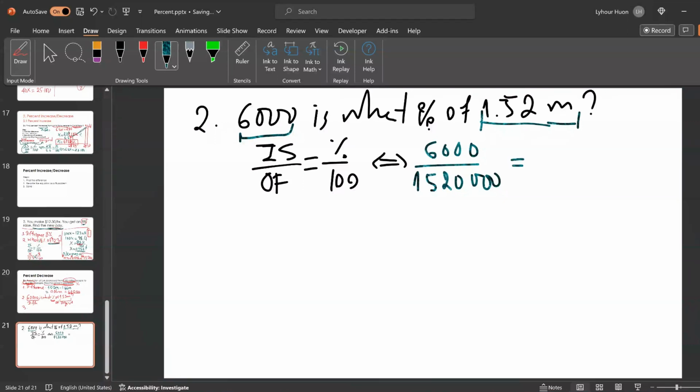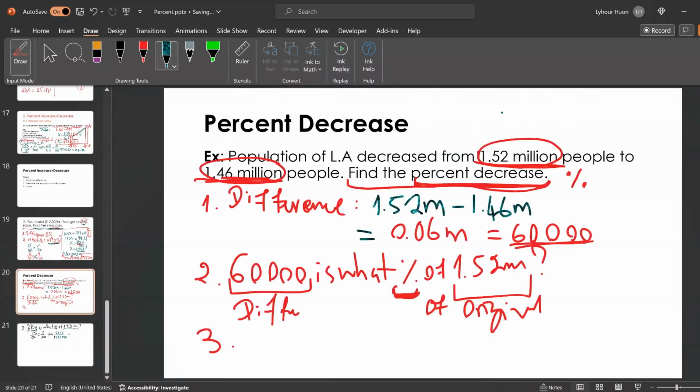Or do you prefer a decimal number? If we prefer a decimal number, this should be written as 0.06. No, just keep it like this.